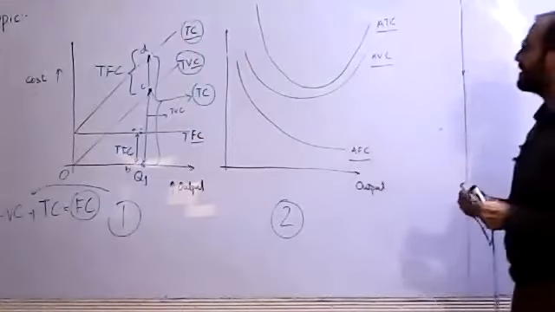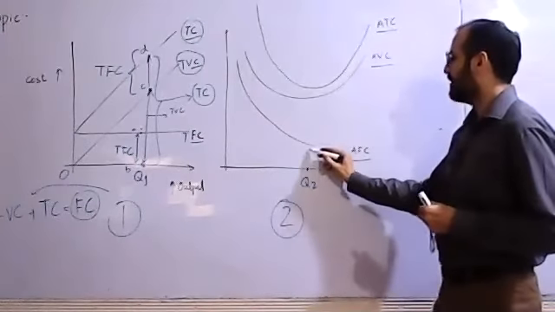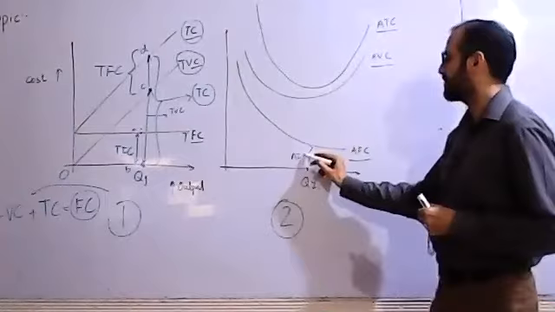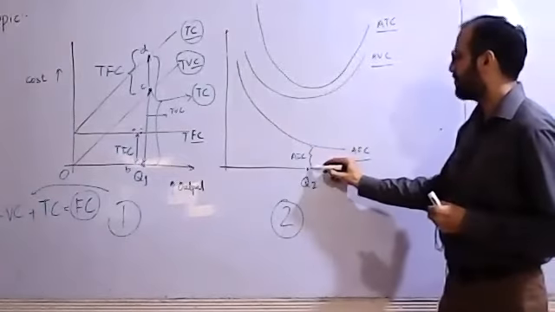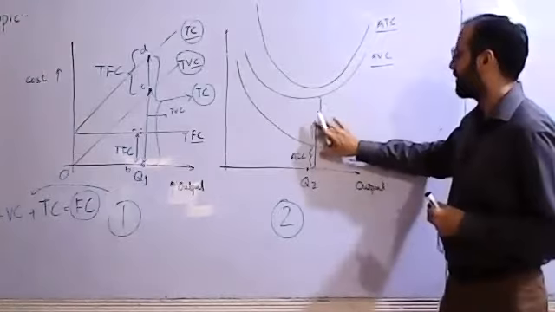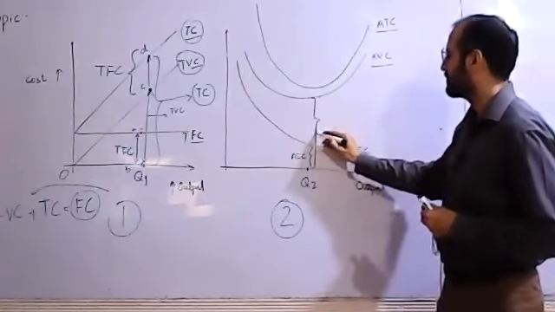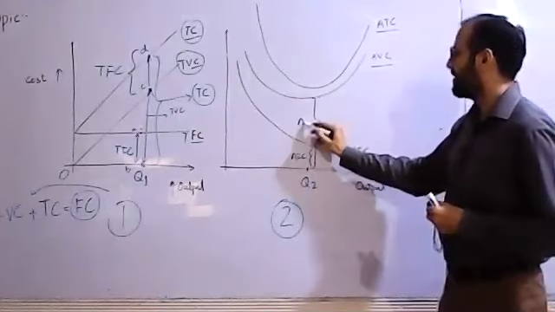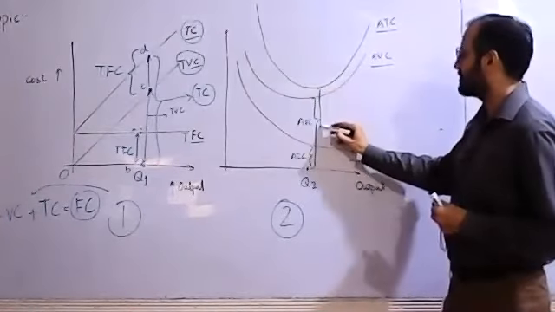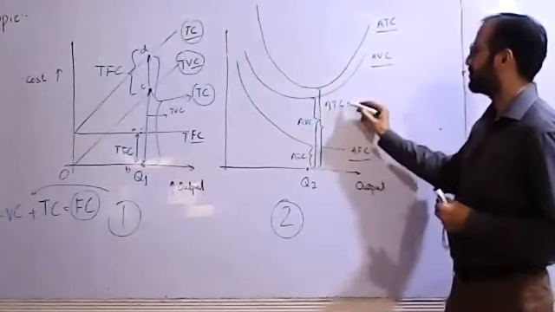Moving on to this diagram, if we take another output, let's say Q2, at this area this bracket may represent average fixed cost, and the area from this to this would represent average variable cost. And the area from this to this is going to be known as average total cost.